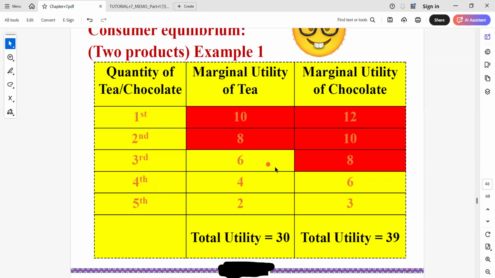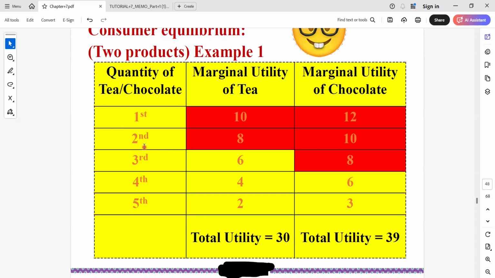So this combination is out. We go to 8 and 8. If he purchases 2 tea, he's going to use 2 rand, and if he purchases 3 chocolates, he's going to use 3 rand. So 2 plus 3, that is 5, he has used all his income. Okay, so we have this combination.